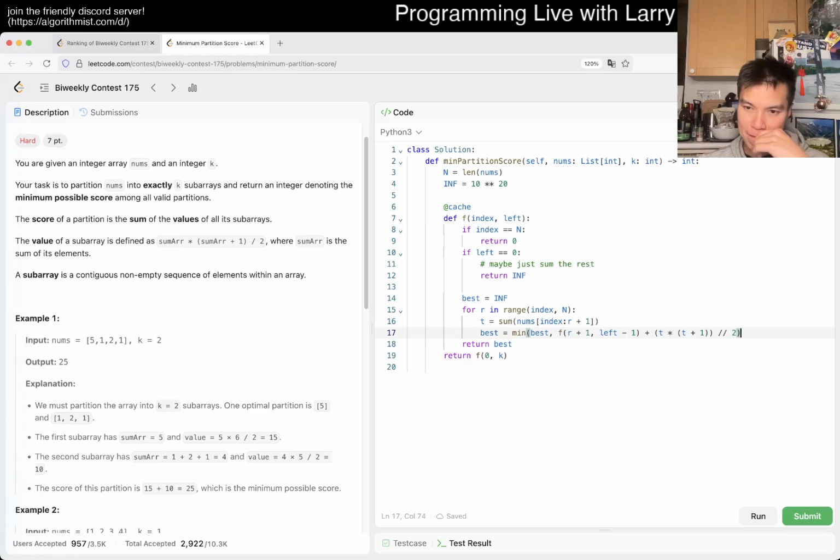Because I'm weaker on the minimum. I mean, I know how to do it in theory, but the minimum thing is a little bit trickier.